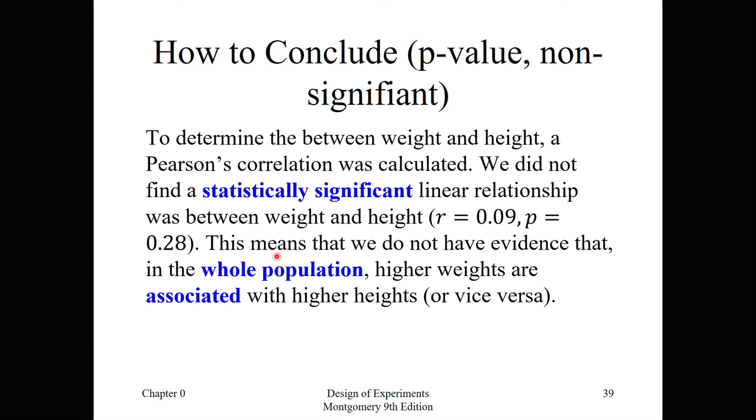So make sure that as you're writing your conclusions, whether they're significant or not, you're being clear about the nature of the relationship and just saying we either have evidence that there's a relationship or we don't have evidence that there's a relationship, and never making the statement there is evidence that there is not a relationship, or because we didn't have a statistically significant relationship, that means that there is no relationship.